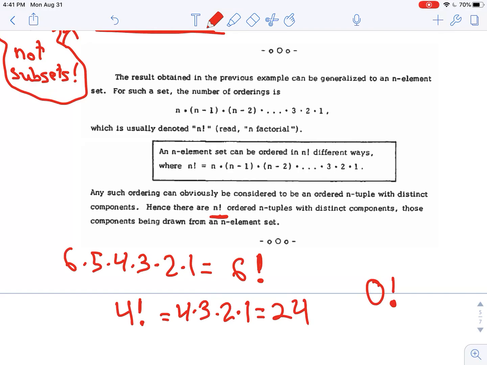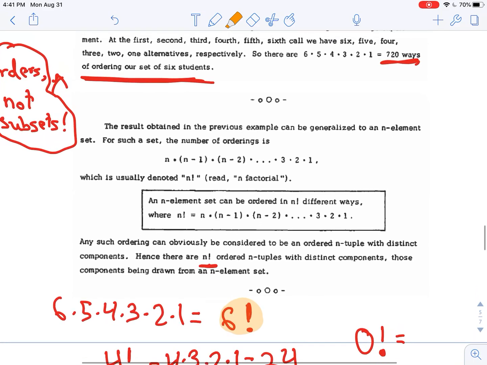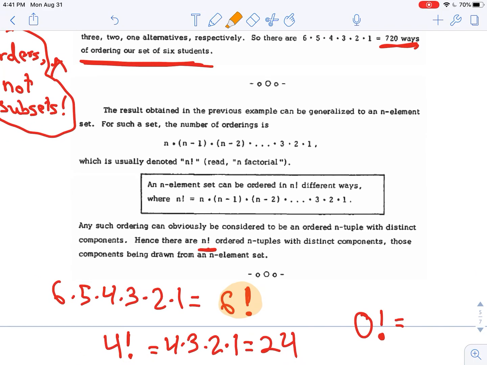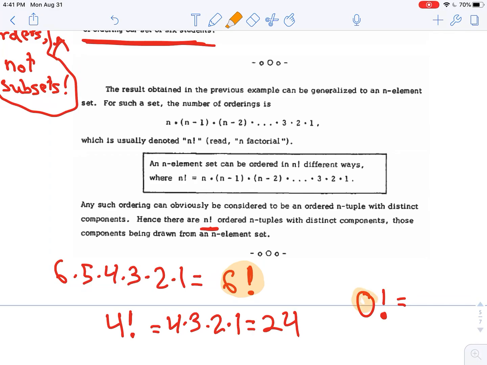If you ever encounter 0 factorial, 0 factorial is answerable, but it's not with a 0. We're asking about the number of arrangements of items here. So when I said 6 factorial for this one right here, 6 times 5 times 4 times 3 times 2 times 1 actually gave me 720 ways I can order those things.